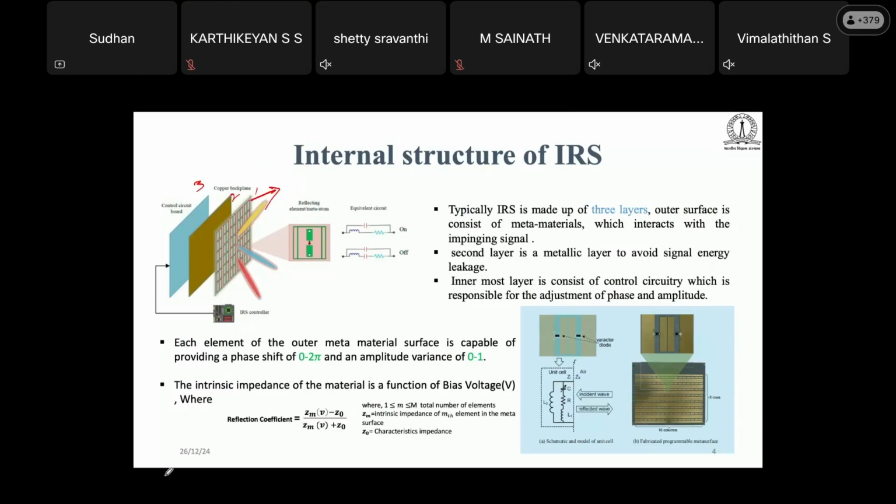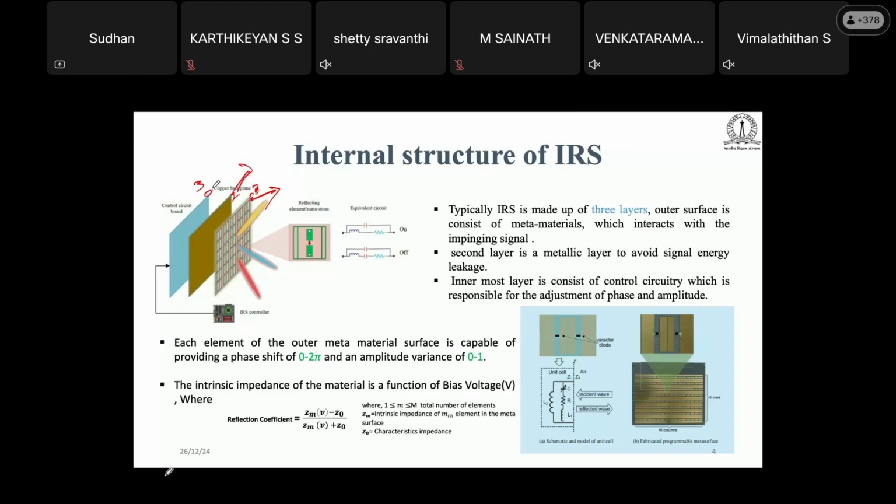It actually consists of metamaterials, which interact with the impinging signal, and the signal is reflected by layer 1. Layer 2 is a protective layer, which prevents signal energy from leaking. This second layer is mainly made of a copper plane.